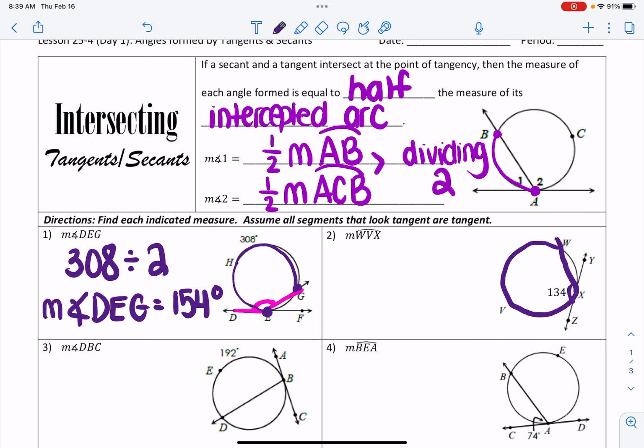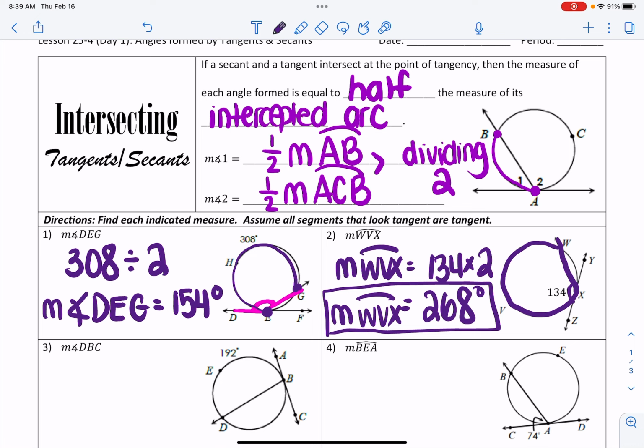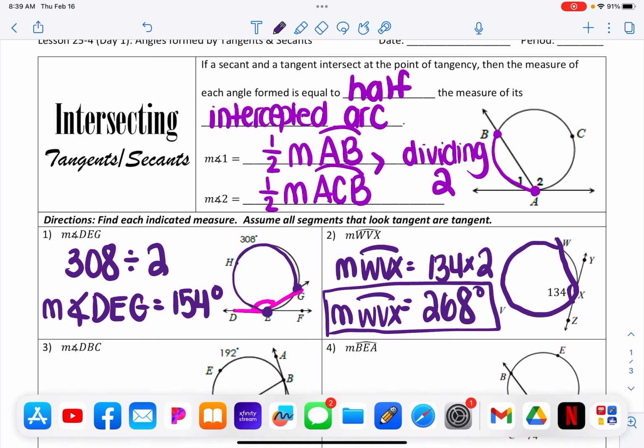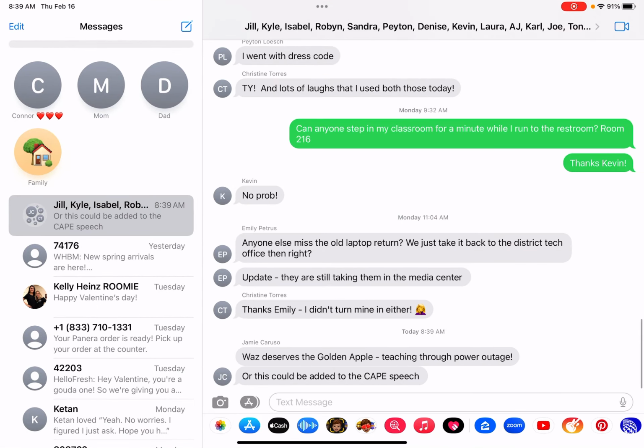And so the measurement of WVX is going to be equal to 134 times 2, and you're going to get 268 equals that measurement. Makes sense?